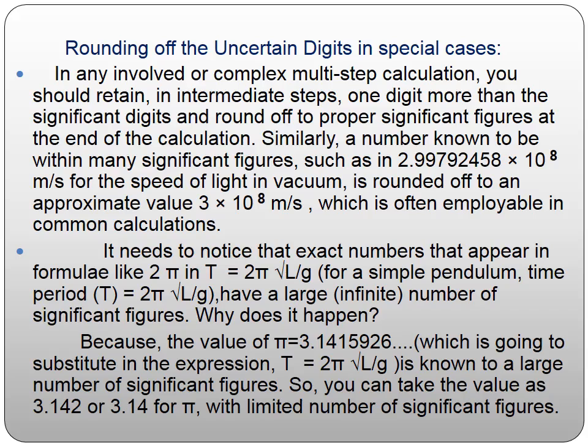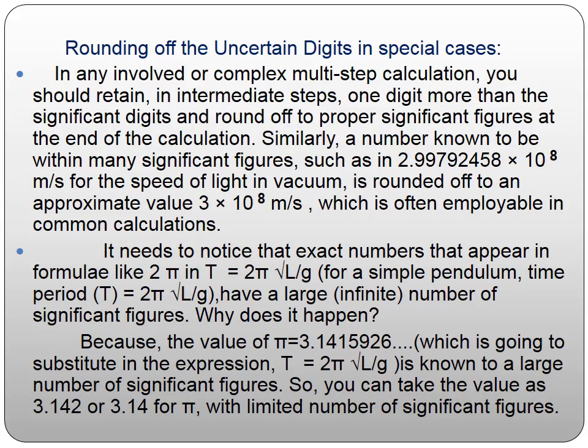Similarly, a number known to many significant figures, such as 2.99792458 × 10^8 meter per second for the speed of light in vacuum, is rounded off to an approximate value, that is 3 × 10^8 meter per second, which is often employable in common computations.